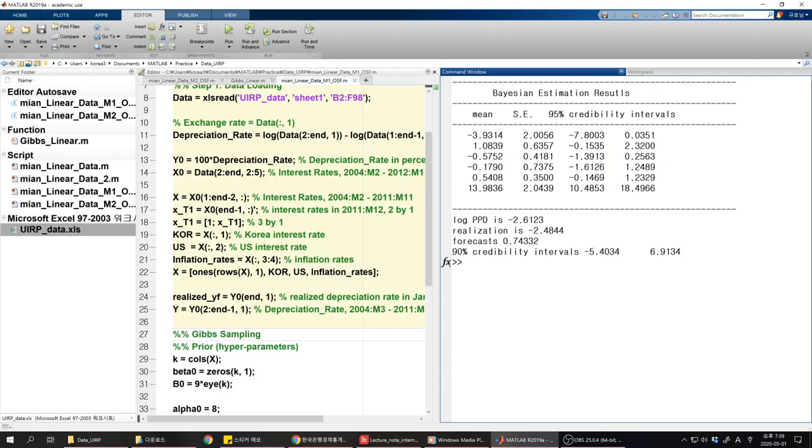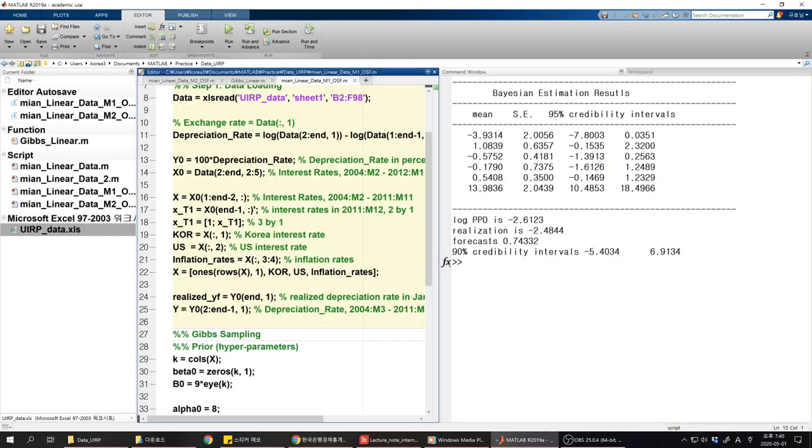This is too much information. If we have too much information, the forecasting becomes less efficient, which means that the predictive density accuracy becomes worse. So more regressors do not necessarily give a more accurate forecast.